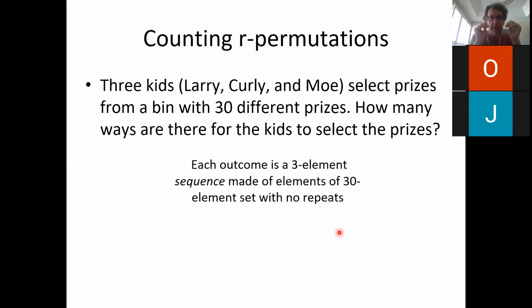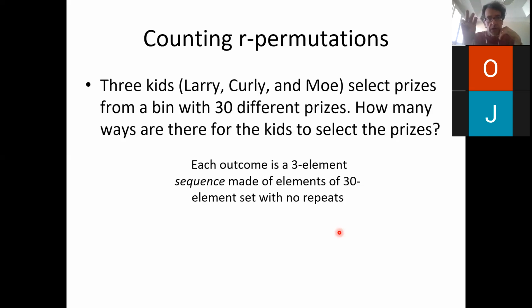Then you have to think: is every selection a sequence of kids? Am I assigning prizes to kids? Am I assigning kids to prizes? Well, here's one way to look at it. Each outcome, each selection, is a 3-element sequence. The first element is the prize that Larry got, the first kid. The second element is the prize that Curly got. And the third is the prize that Mo got.